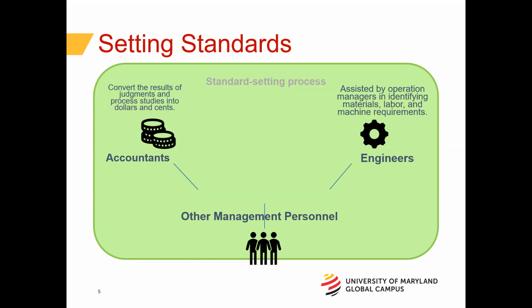Engineers assist in setting standard costs by identifying labor, materials, and machine requirements in the production process. And other management personnel help by identifying things like factory overhead, indirect labor, indirect materials, these types of things, right? All of these components help us as managers to set standard costs.